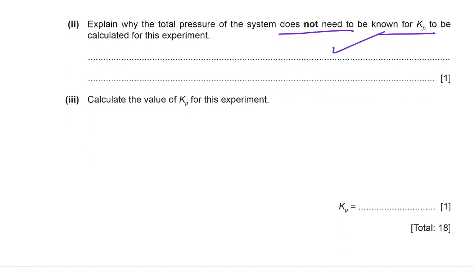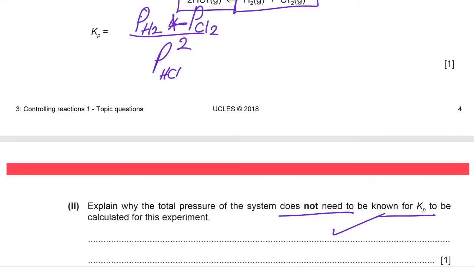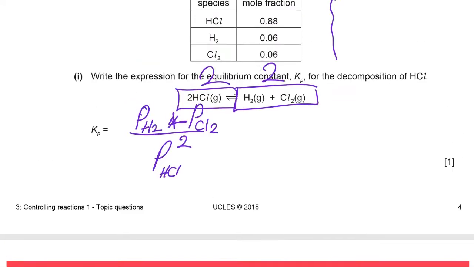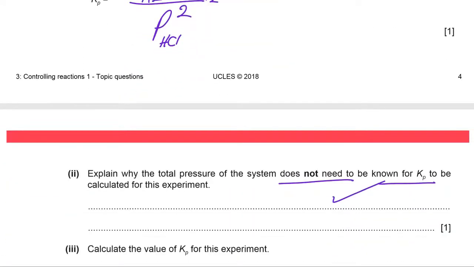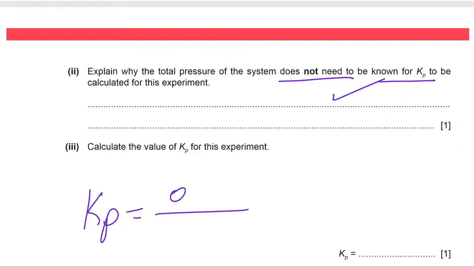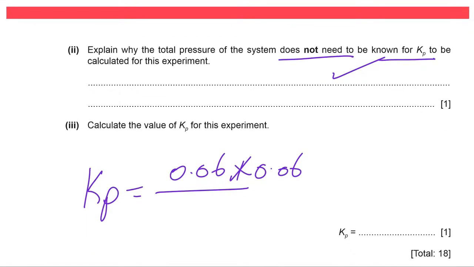So to calculate the Kp, you have 0.06 times 0.06, over 0.88, but this one should be squared.